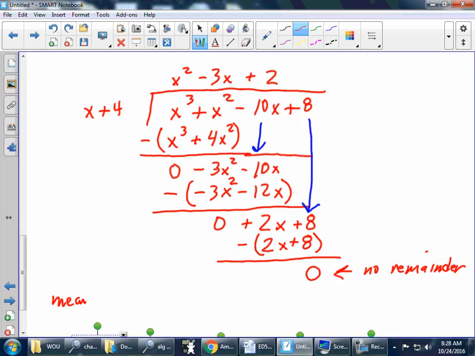Means x plus 4 times x squared minus 3x plus 2 equals what, Laura?